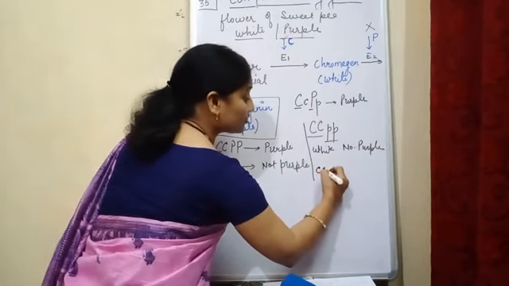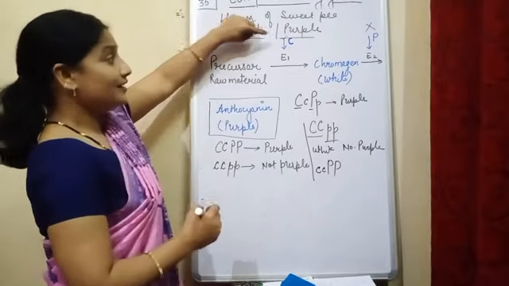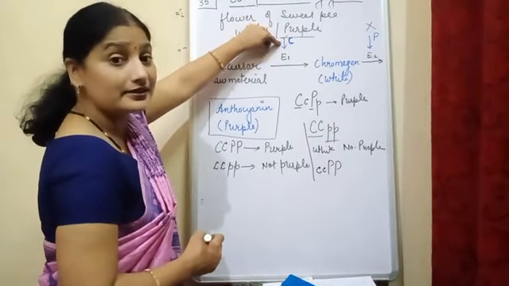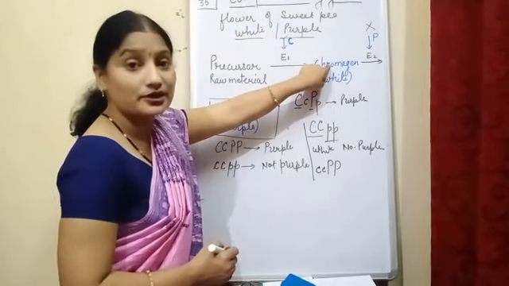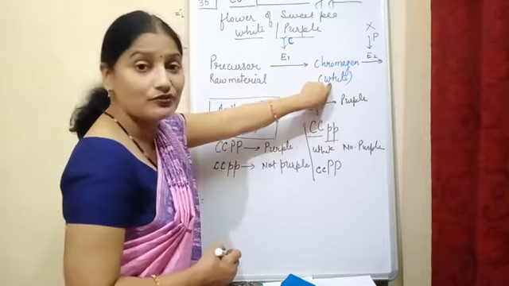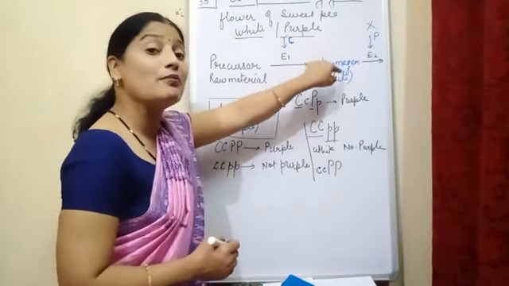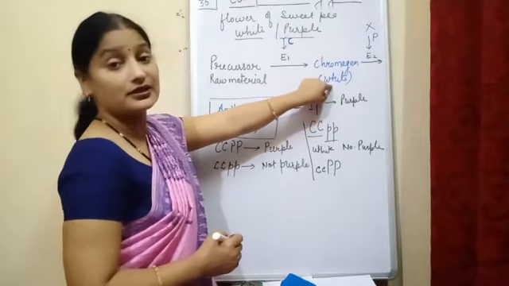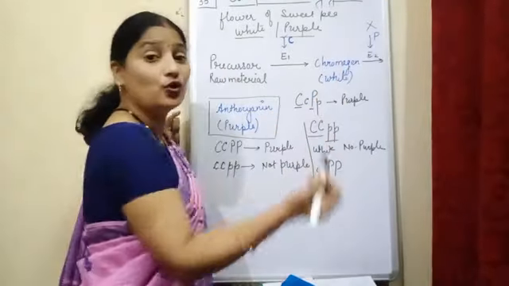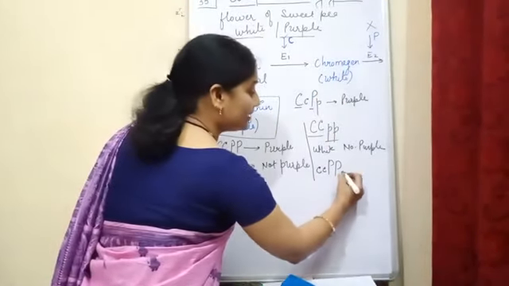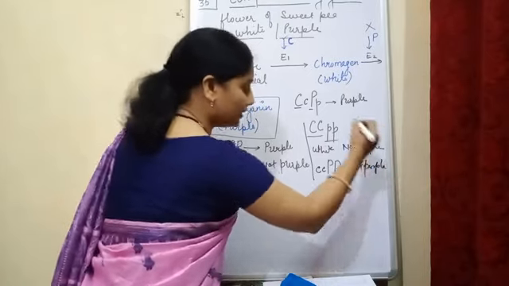Small c, capital P, capital P. Now if this is in the recessive condition, then it is not going to form the chromogen. And if chromogen is not there, it means if the intermediate precursor is not there, then P is of no use. And once again, the flower will not be purple.